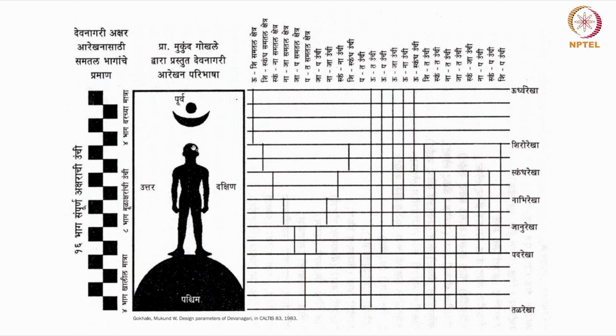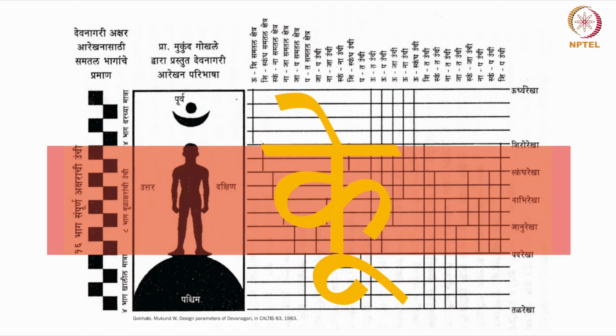The Sirorekha is a continuous line, a horizontal line that runs along the top of the letters in a word. This line usually connects all the characters within a word, creating a unified appearance.